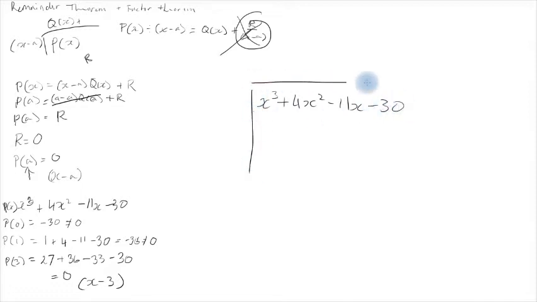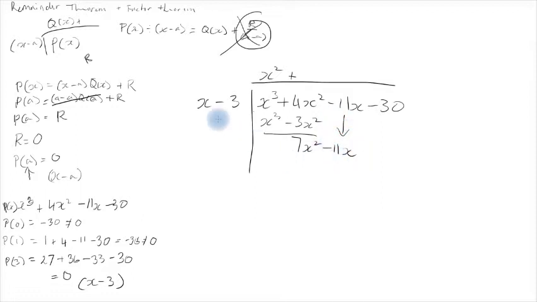And we've decided a good choice is x minus 3 because it will give no remainder according to the factor theorem. So then we'll go, how many x minus 3's are there in x cubed? There's x squared of them. x squared times this is x cubed minus 3x squared. Subtract away: 7x squared, plus, let's drop this term down, minus 11x.